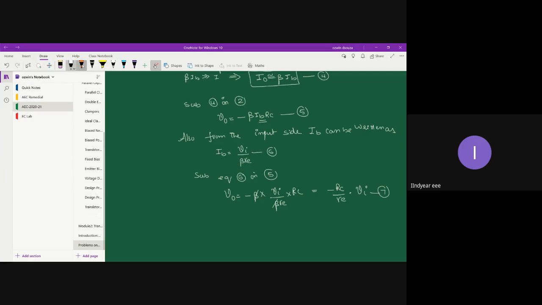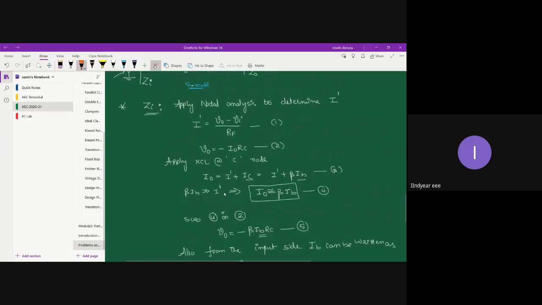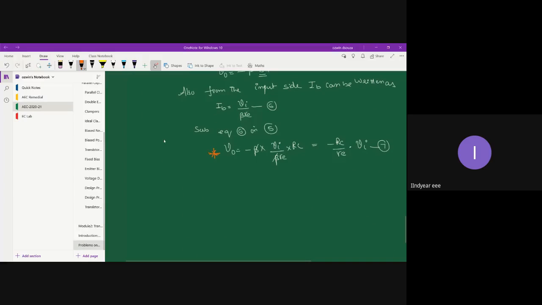Now what we have done is we have found an alternate expression for V naught, so that you will be able to substitute that V naught in your first equation. Your first equation is the I dash equation. So substitute equation 7 in equation 1.